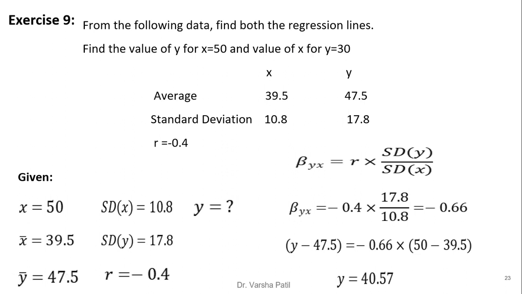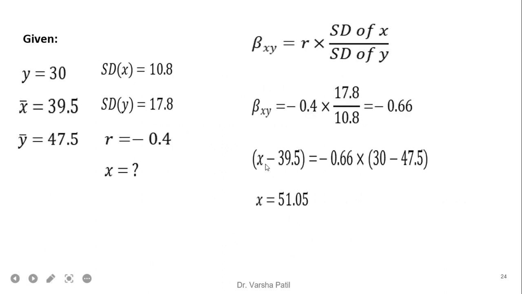Here y is independent and x is dependent. So in this case we require to calculate byx and bxy. The only important thing is to remember the formula and apply it properly, and we will get the answer. So this is for bxy where y is independent and x is the dependent variable.